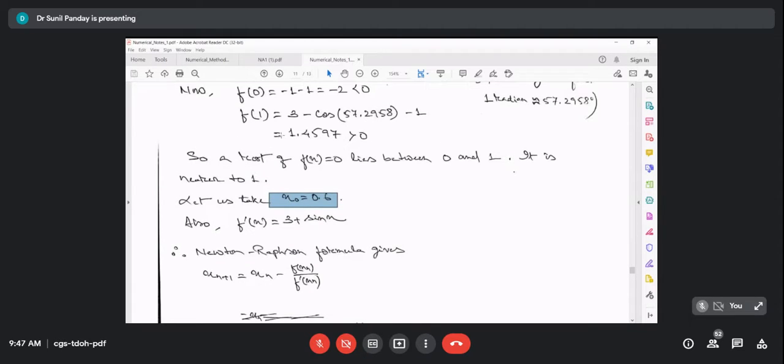Because we have guaranteed that our root is lying between 0 and 1, you can take anything like 0.6, 0.2, 0.3. He has taken 0.6, but my suggestion is you take (0 plus 1) by 2, like 0.5.